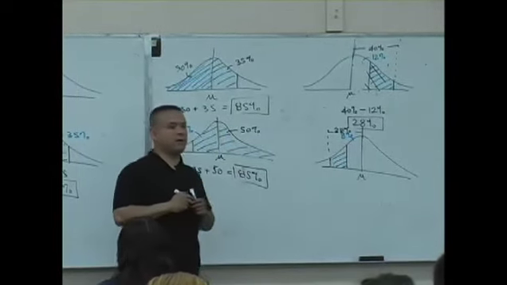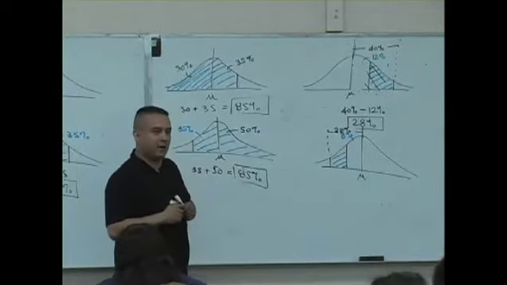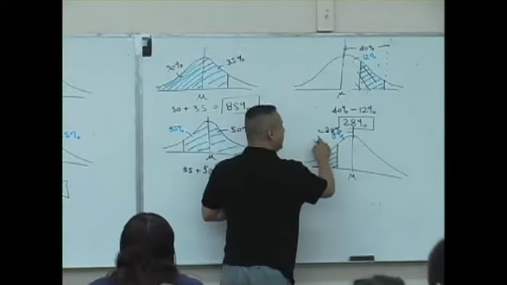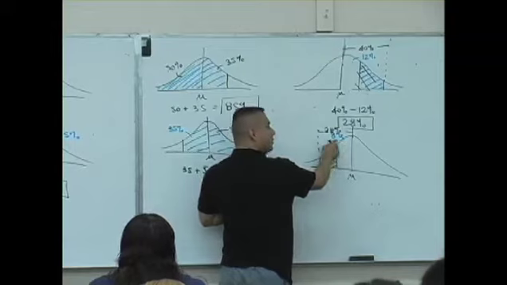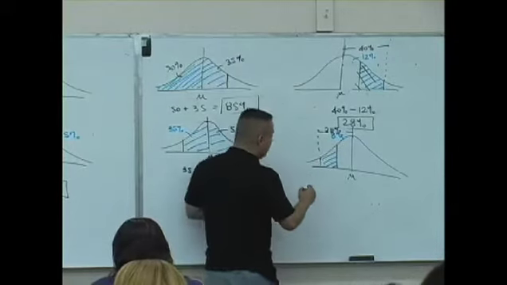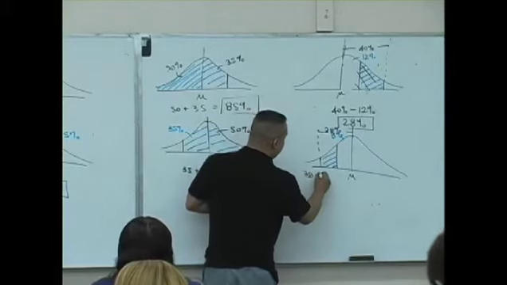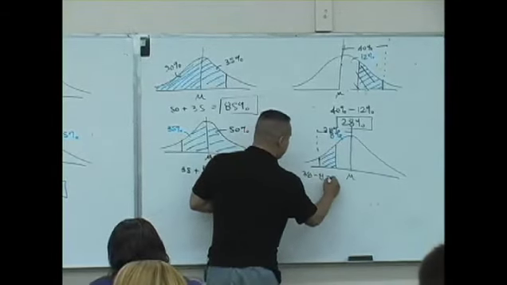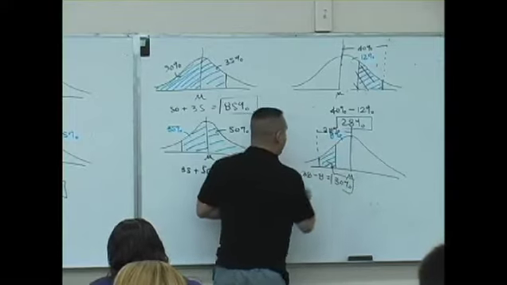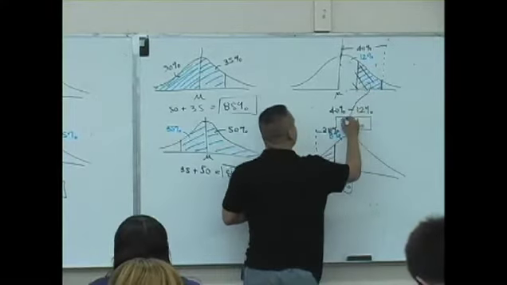What percent of the bell is shaded? This whole thing is 38%, but 8% is not shaded. What does that mean? 38 minus 8 is 30%. Oh, you guys, this is too easy. 30%, 28%.